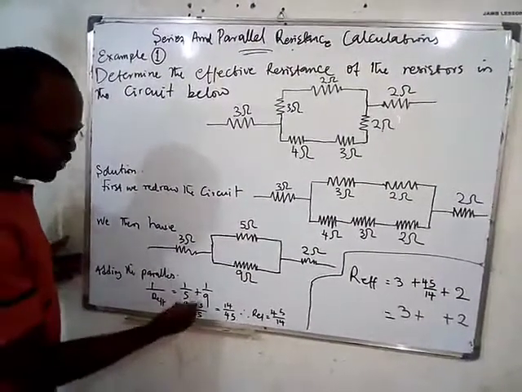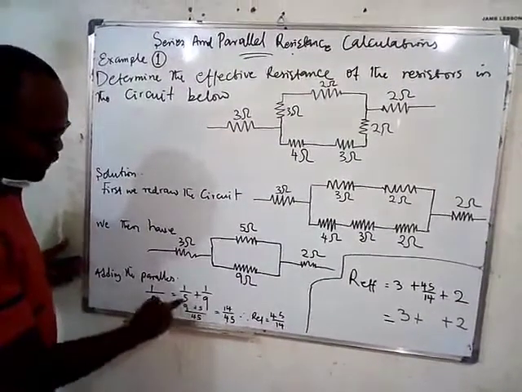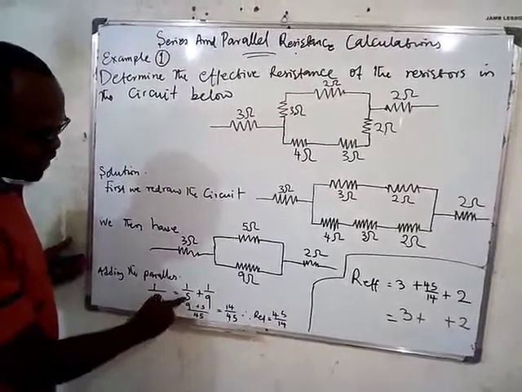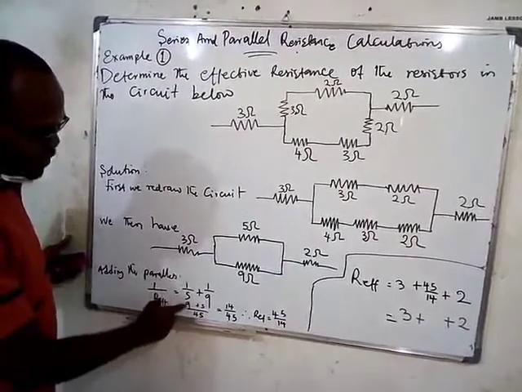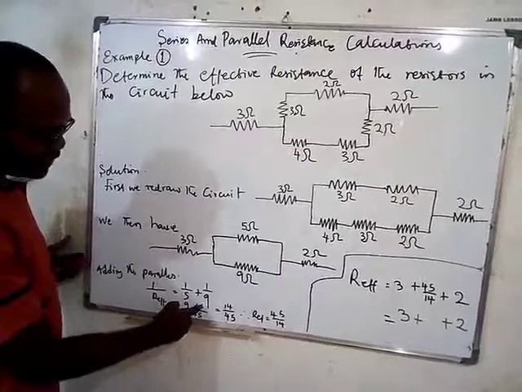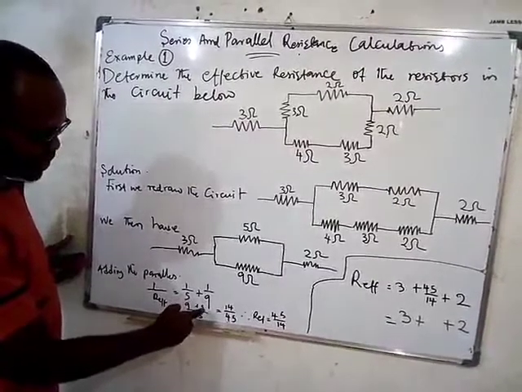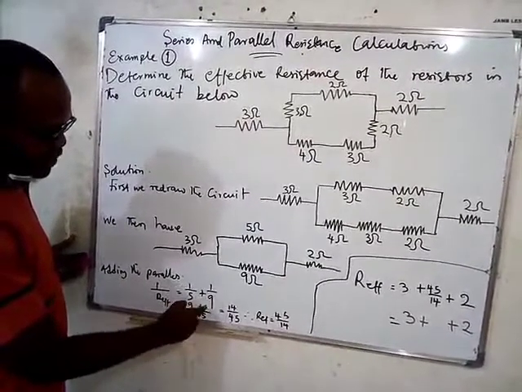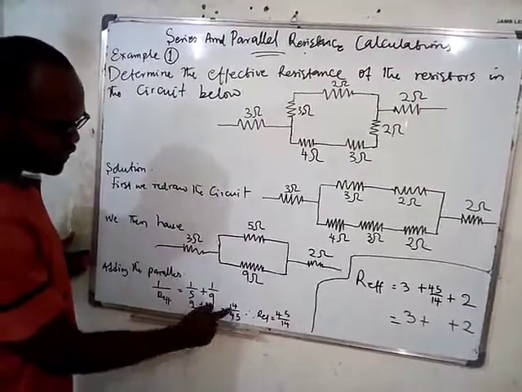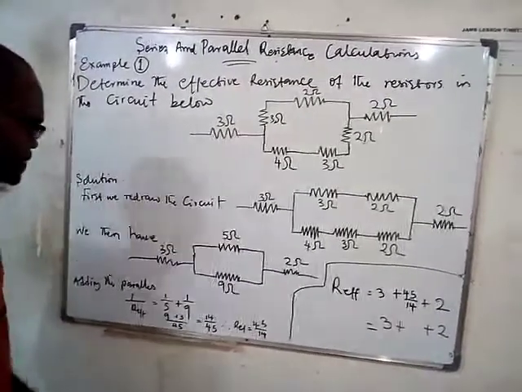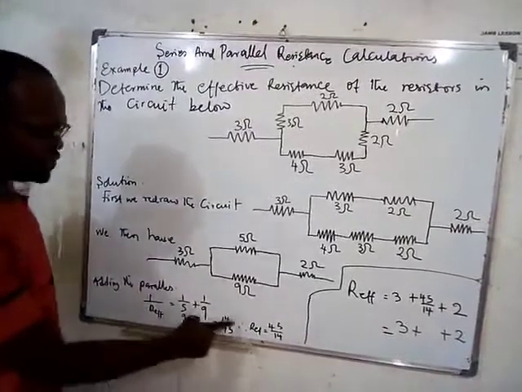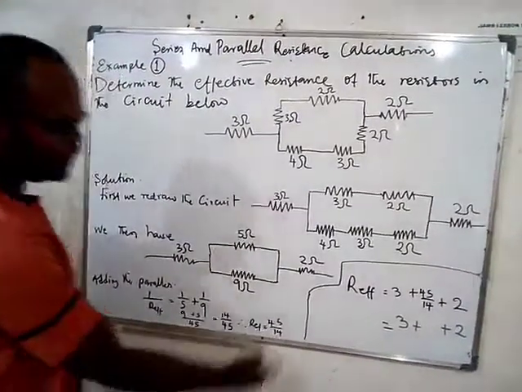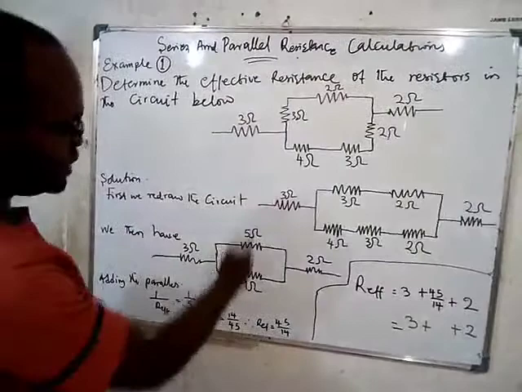So finding the LCM of 9 and 5 is 45. 45 divided by 5, you have 9 times 1, 9. 45 divided by 9, you have 5 times 1, 5. So if you add 9 plus 5, you have 14 all over 45. If you take the reciprocal, you now have 45 over 14. So that is the effective resistance of these 2.